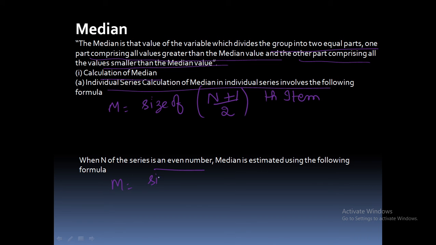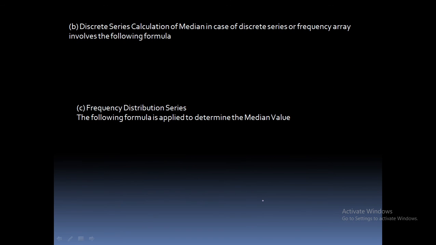M is equal to size of n over 2th item plus size of n over 2 plus 1 item, over 2. In the case of discrete series, we use M is equal to size of (n plus 1) over 2th item.